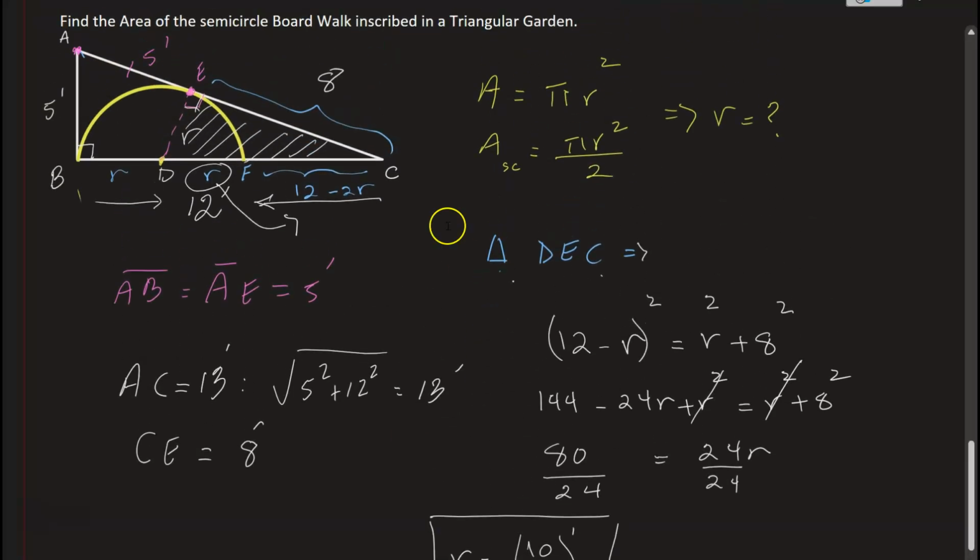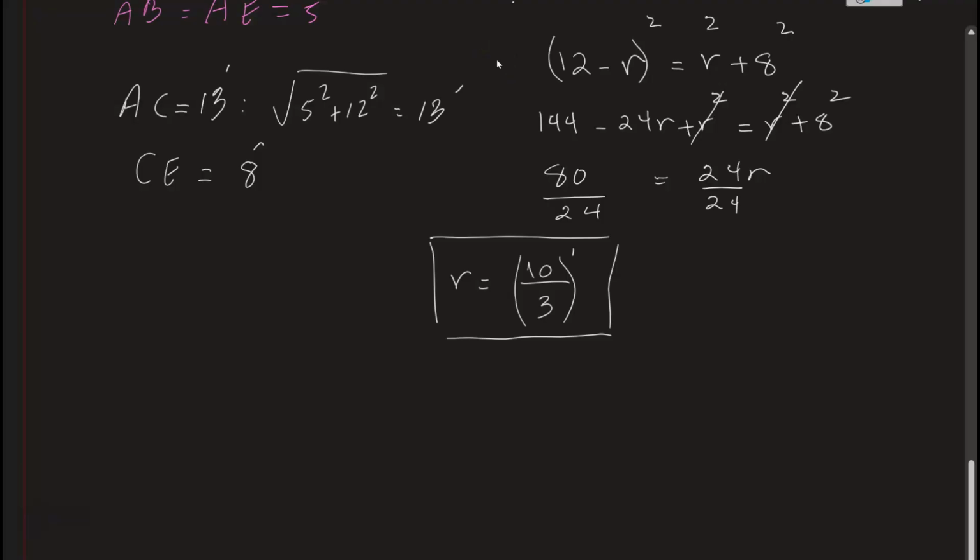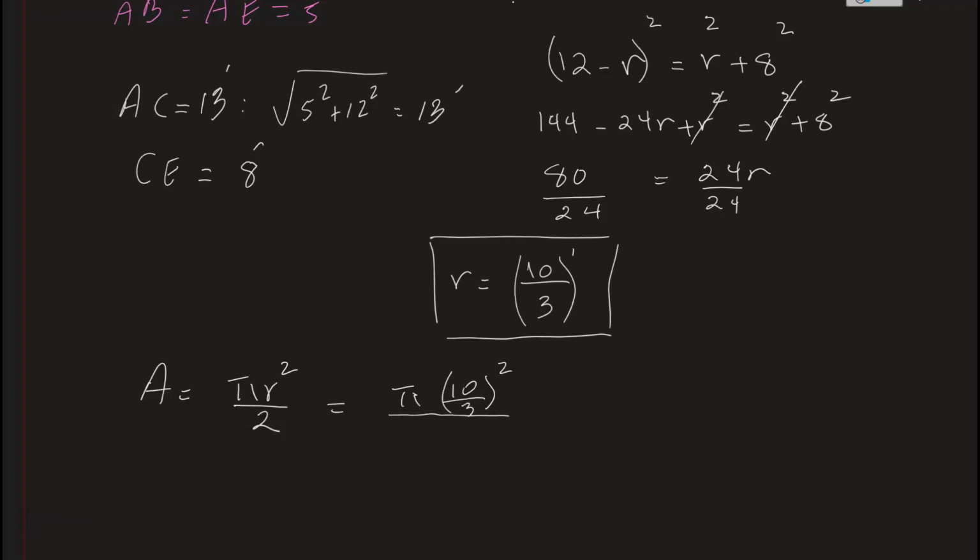Now the question is to find the semicircle area of this boardwalk. Because it's a semicircle, the area is pi r squared divided by 2. A semicircle is half a circle. Now you just punch in the radius, and that becomes pi times 10 divided by 3, squared, all of that divided by 2.